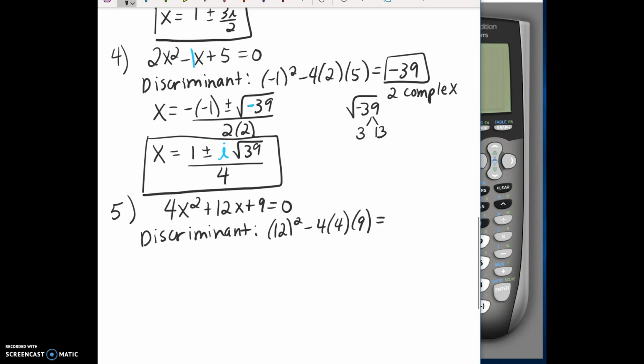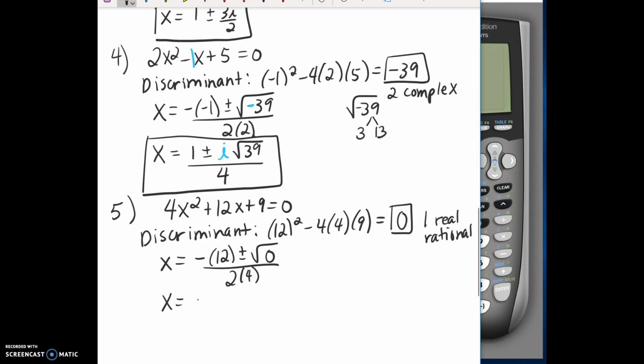When you plug this in your calculator, the discriminant comes out to be 0, which means we have one real rational solution. And if you think about it, this eliminates the whole plus or minus with the square root, which is why we only get one answer, because when we have plus or minus square root of 0, that part disappears. So all we get is negative 12 over 8, which would then simplify into negative 3 over 2.